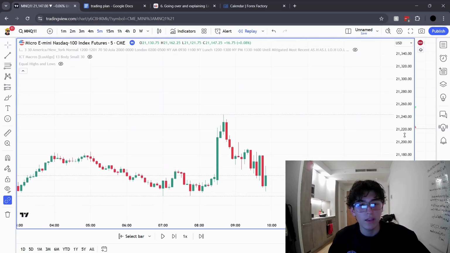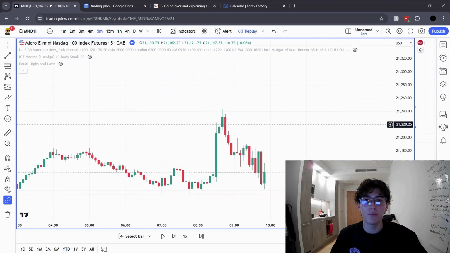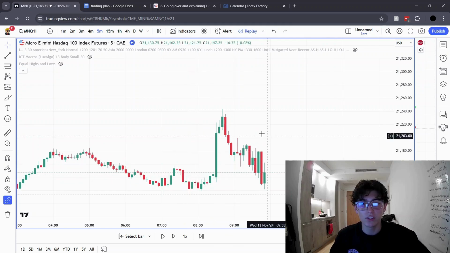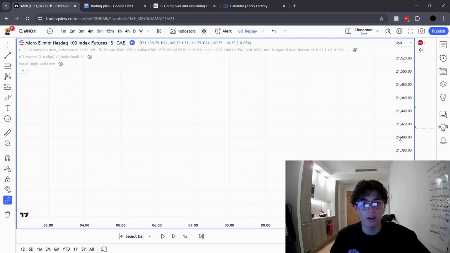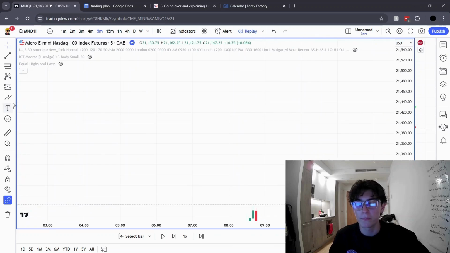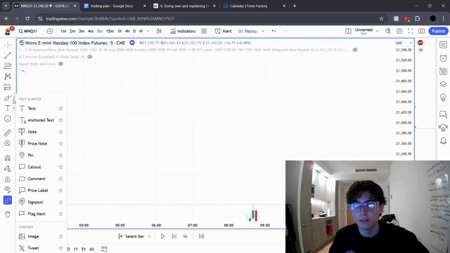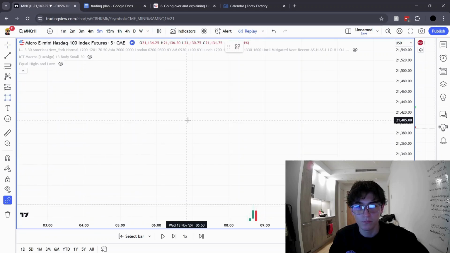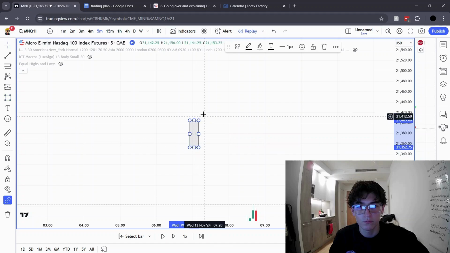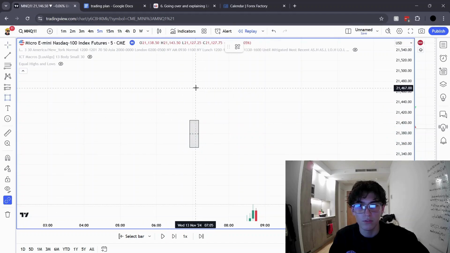Now, if you're looking for a fair value gap to the upside, so a bullish fair value gap, you would want it to look something like this. I'm going to first draw it out and then show it to you guys in the charts. So it's going to look something like this, where you have, let's say this is one candle, and then you have another candle, and then another one, right?